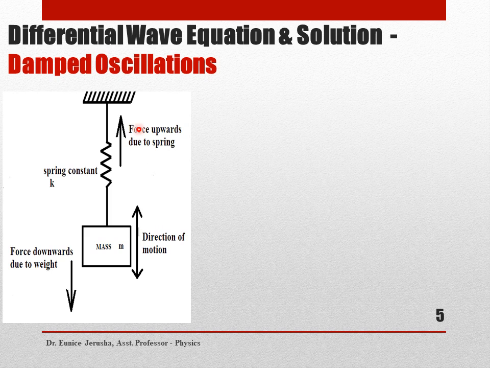There is a force acting in the upward direction and there is a force acting in the downward direction. The force acting in the downward direction is due to the weight which is attached to the spring, and the force which is acting in the upward direction is due to the spring itself. Therefore, this suspended mass is acted upon by two forces.